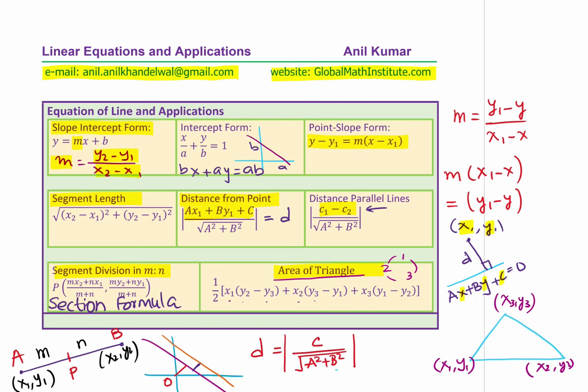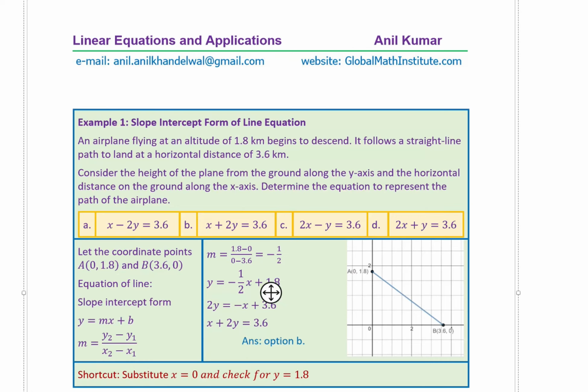Okay, we'll begin with a very simple case and take example number 1, which is regarding the slope and intercept form of the line equation. The question here is: an airplane flying at an altitude of 1.8 kilometers begins to descend.